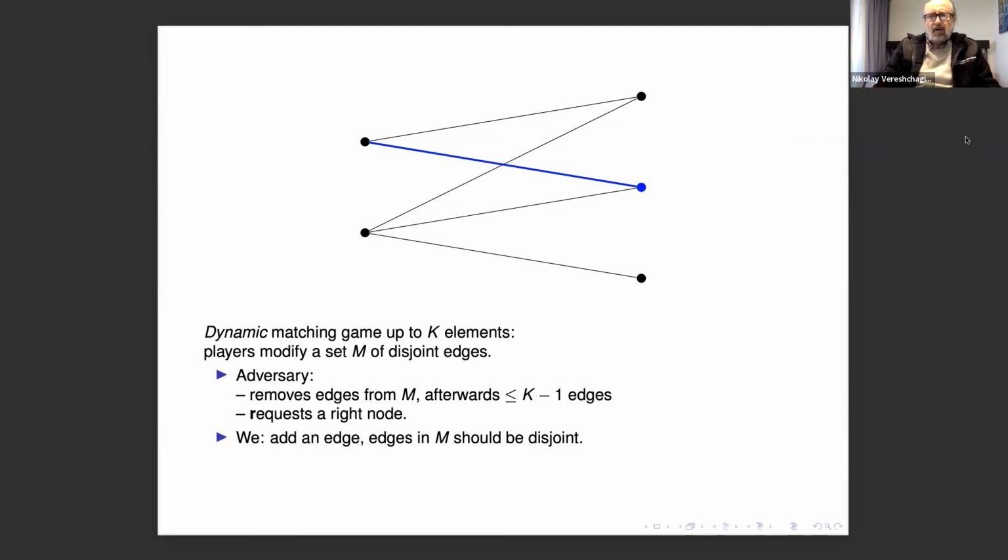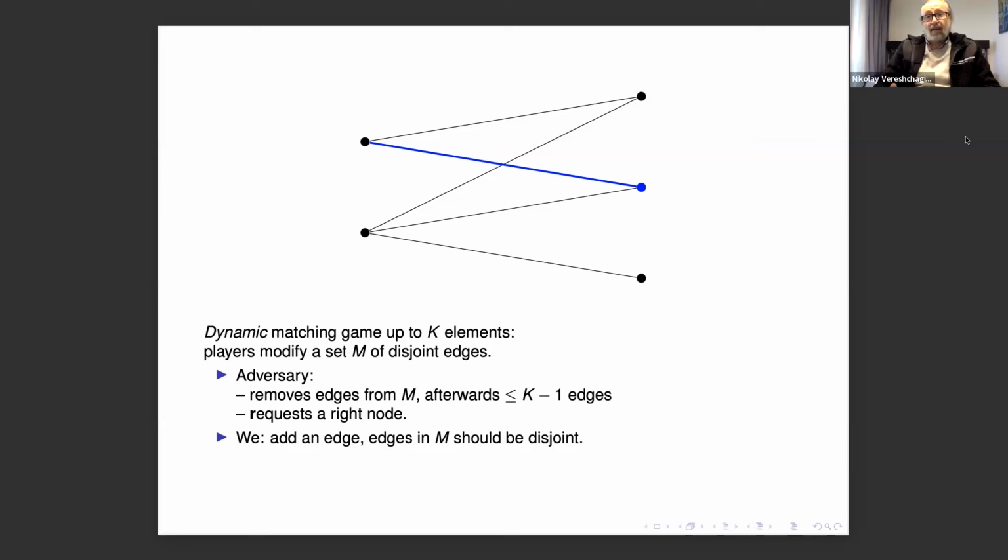So the game is played on a graph, and what is modified is the matching. So together, the two players modify the matching. Ah, I see. And the adversary also selects the right node. So the adversary selects the right node.